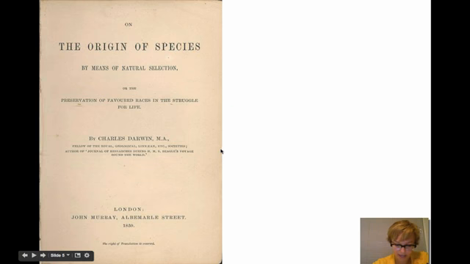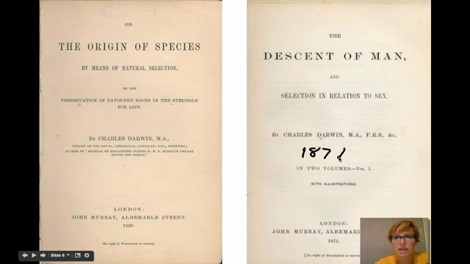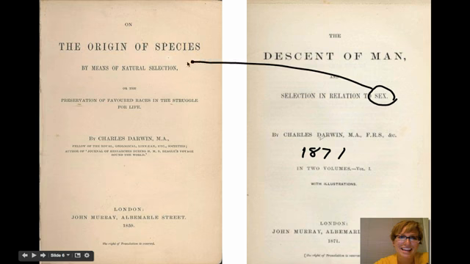So then Darwin, after The Origin of Species, went on to write many other books, trying to figure out kind of why the world is the way it is, and just on interesting things. So in 1871, he wrote The Descent of Man and Selection in Relation to Sex, in which we're going to talk about the difference between sexual selection. In biology, we talk about sex a lot, so you have to get used to it, and natural selection.